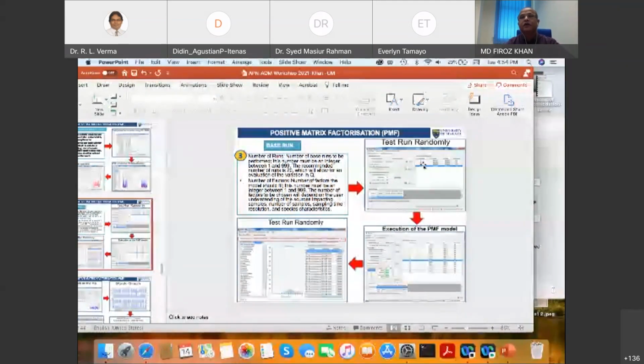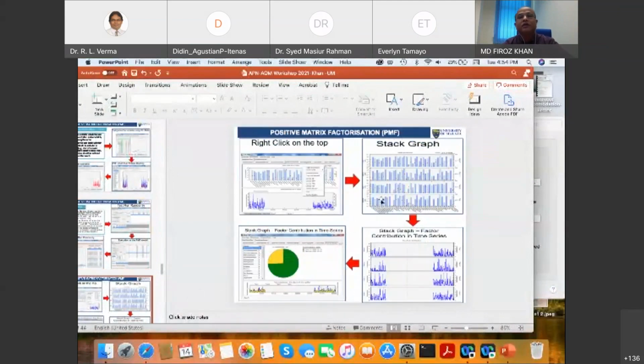Once you see the Q value here and the Q value you calculated are very close, you can think that this model run could be acceptable, but still you need to follow all the steps here. You have to calculate all the way to estimate the error, right? And then go to the next slide here, and you will end up with a number of profiles, a number of sources, from your data.